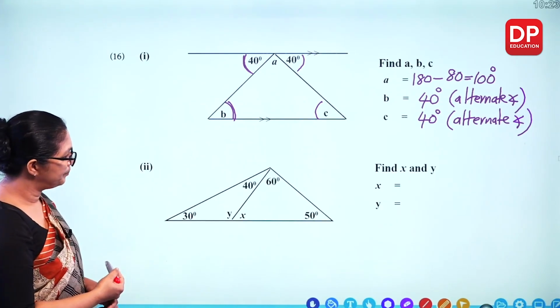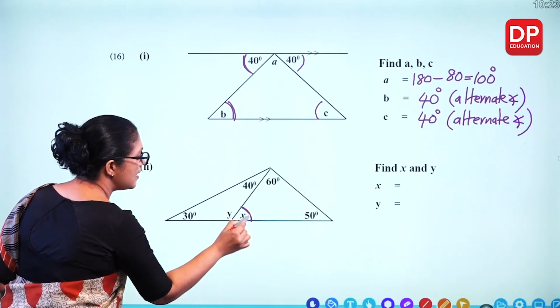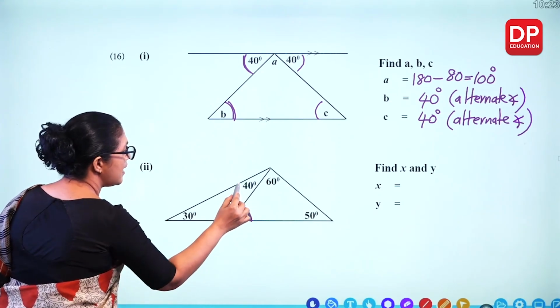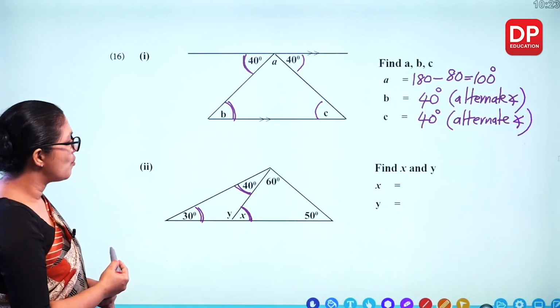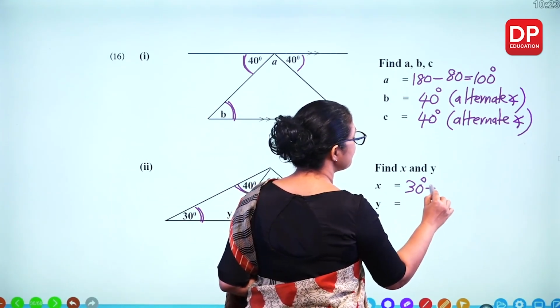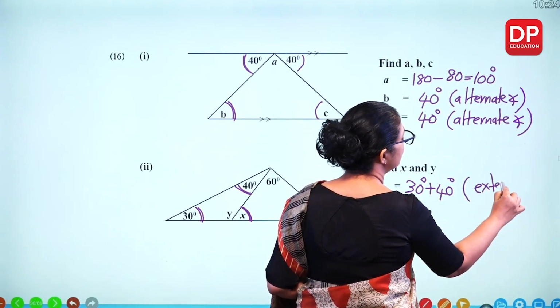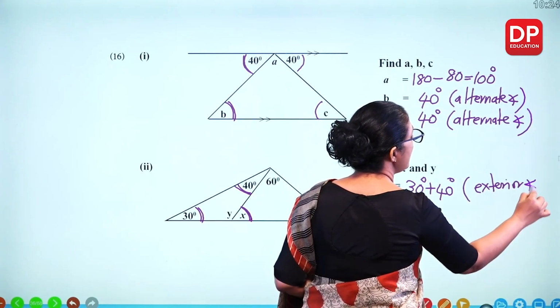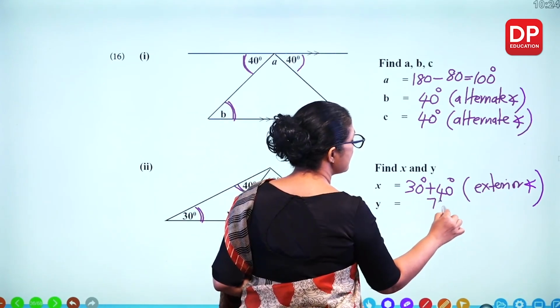This diagram, can you see X is the exterior angle and these two are the interior opposite angles. So what's x? 30 plus 40. Exterior angle adds up to the sum of opposite interior angles. So that's 70 degrees.